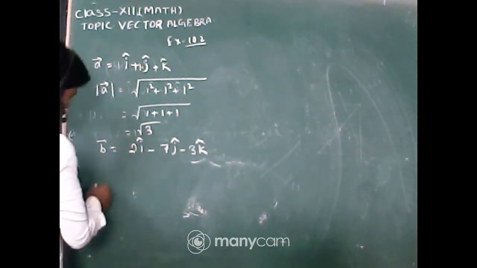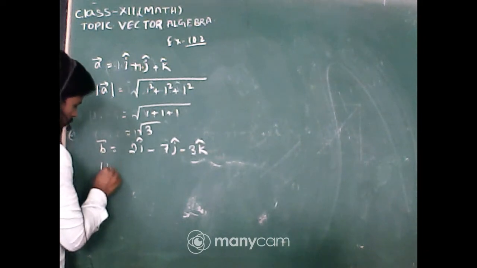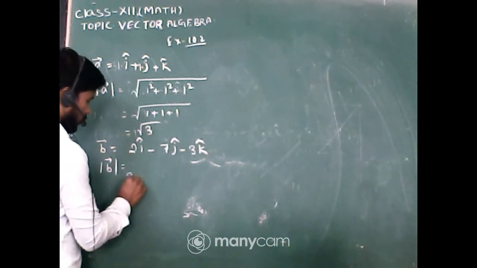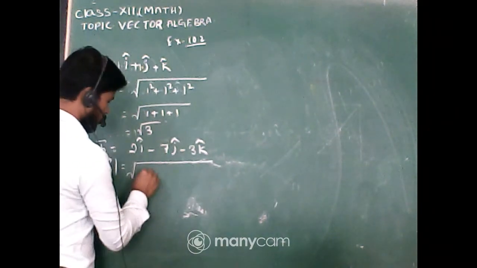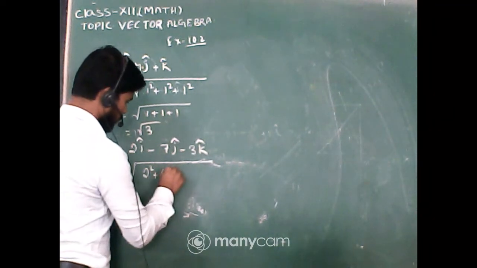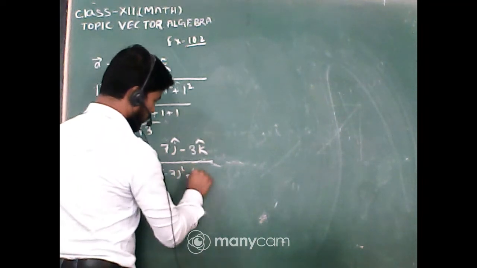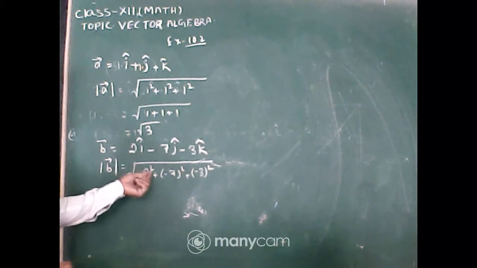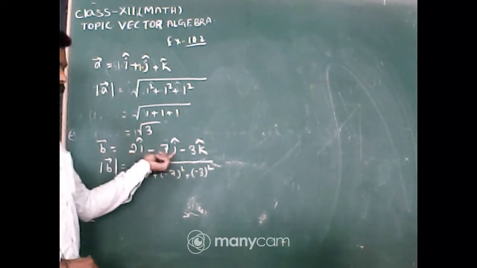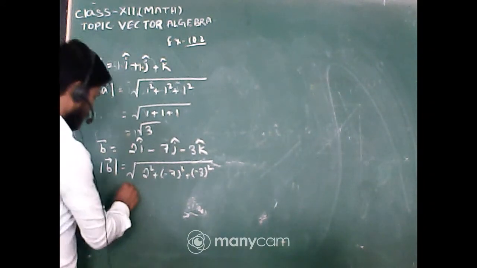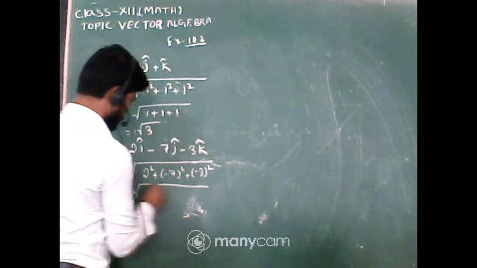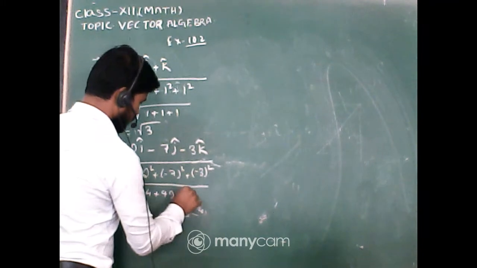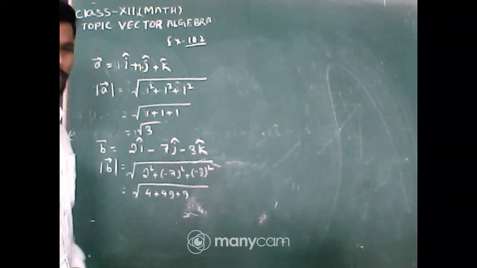The magnitude is denoted by mod B, which will be equal to the square root of 2 squared plus (-7) squared plus (-3) squared, that is, the sum of the squares of the coefficients of i, j, k respectively. Now just do the calculation. This is 4, this is 49, and this is 9, and you will get your answer.